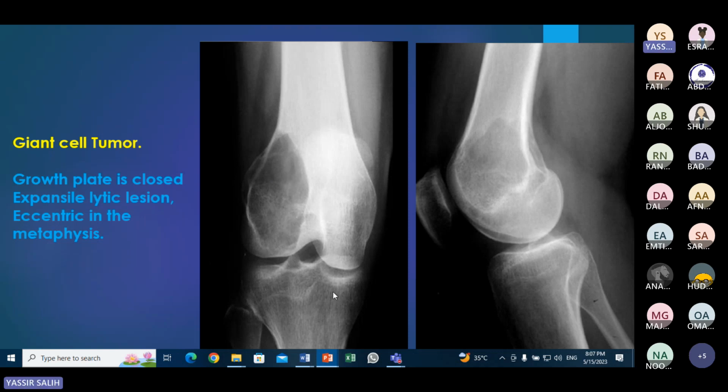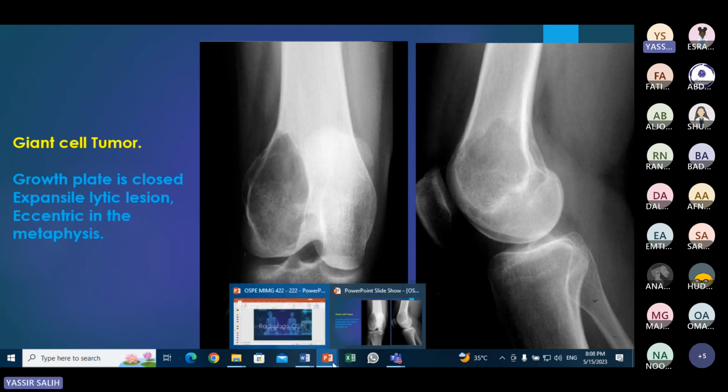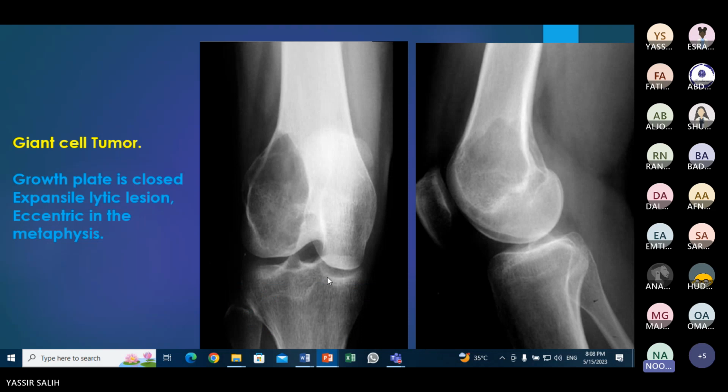Is this adult or child bone? Adult. Why? Because the epiphyseal plate is fused, closed. So a lytic expansile lesion in the metaphysis, subarticular and eccentrically located, is a characteristic feature of giant cell tumor.